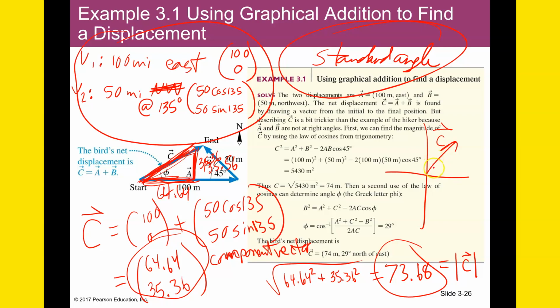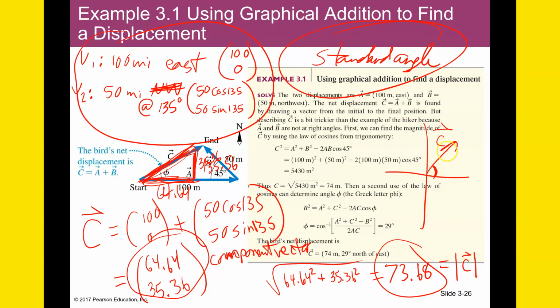What about its direction angle? You might give it as a standard angle, or you might give it as a cardinal direction angle in this case. And all of those are legit ways to communicate it. Since this thing is in the first quadrant, the standard angle is going to be the same as the cardinal direction angle.